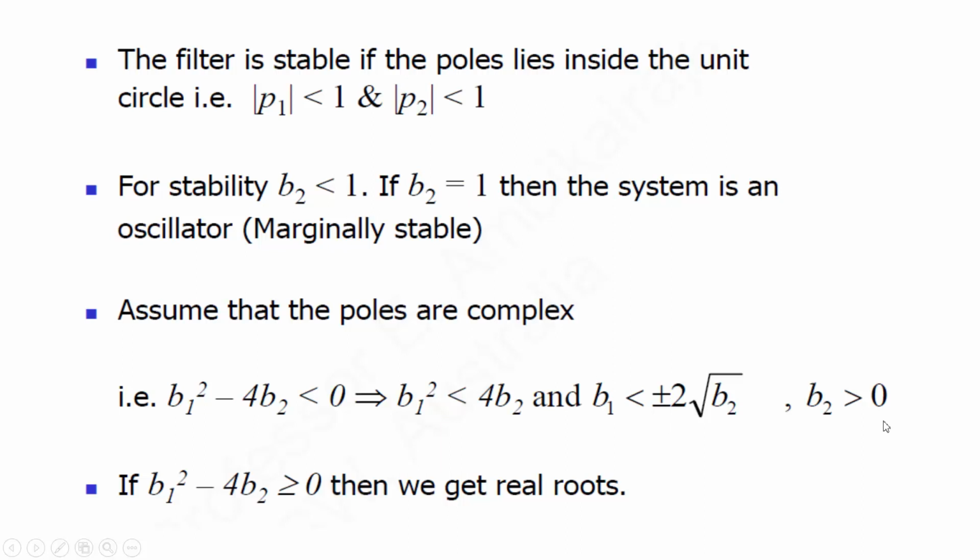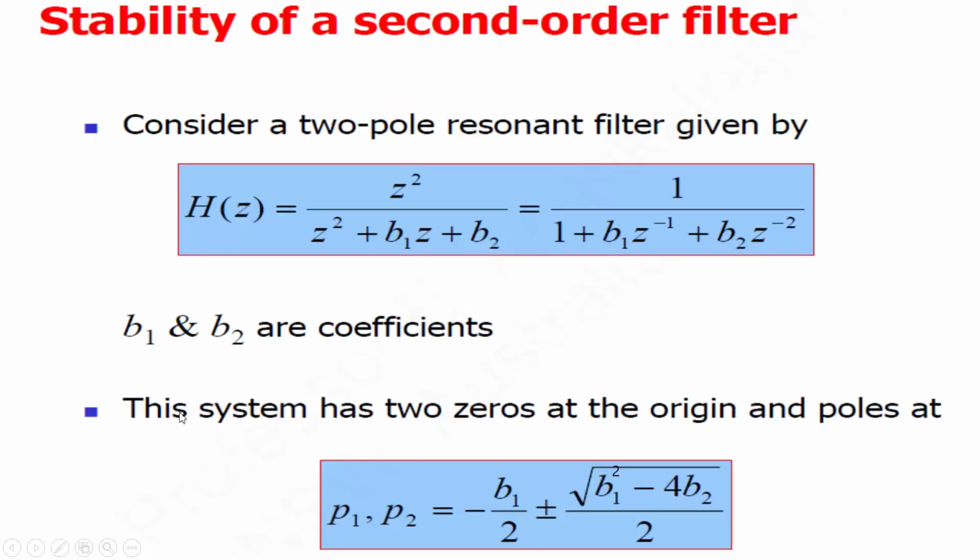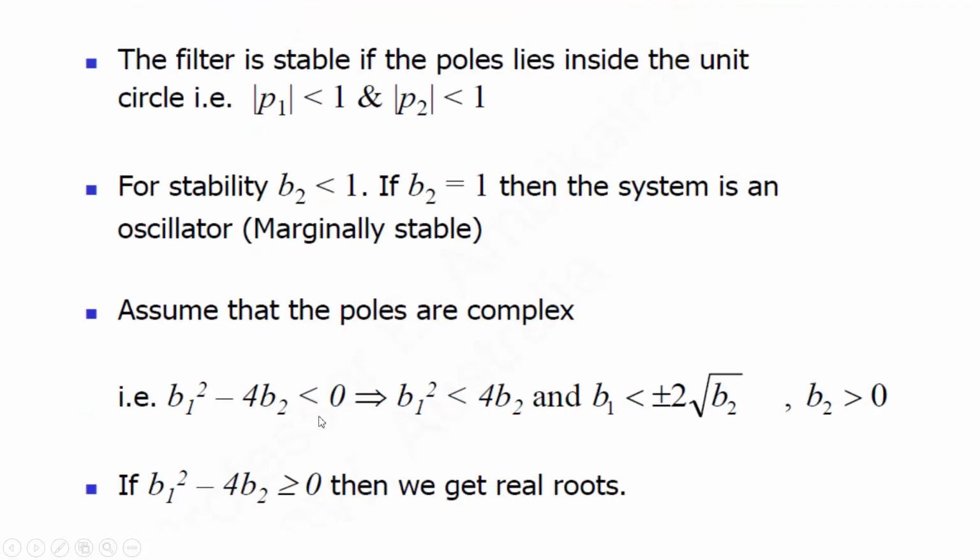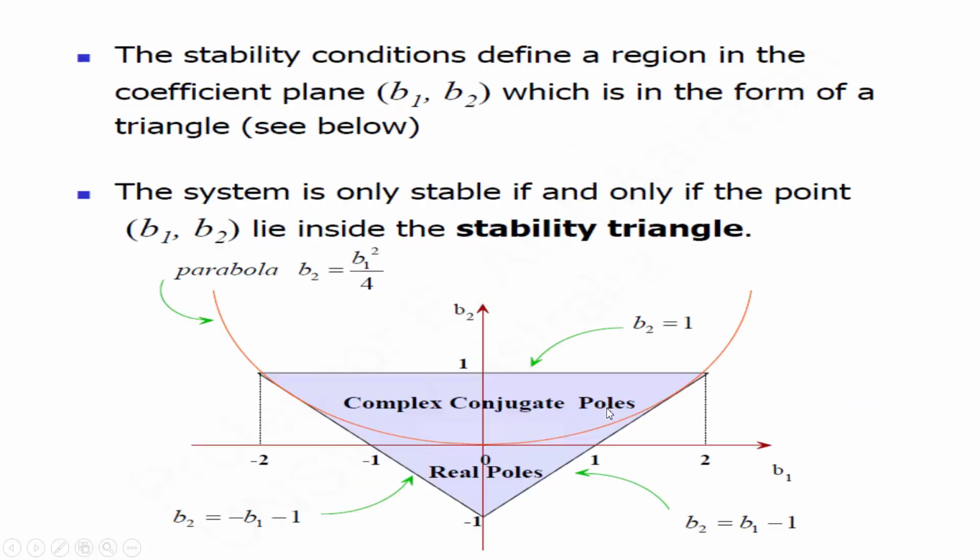B2 has to be greater than 0. Of course, whatever is inside the square root, if it is greater than or equal to 0, we get real roots. But if it is less than 0, we get complex roots with this relationship.